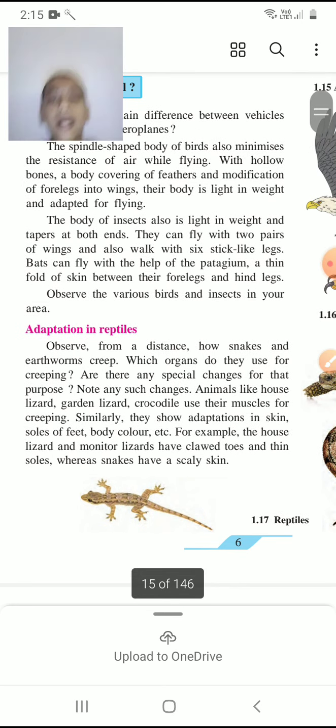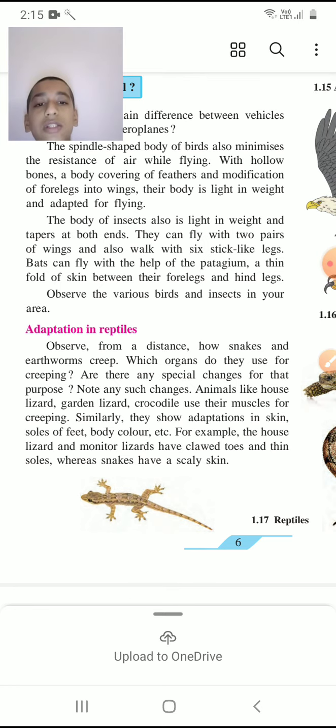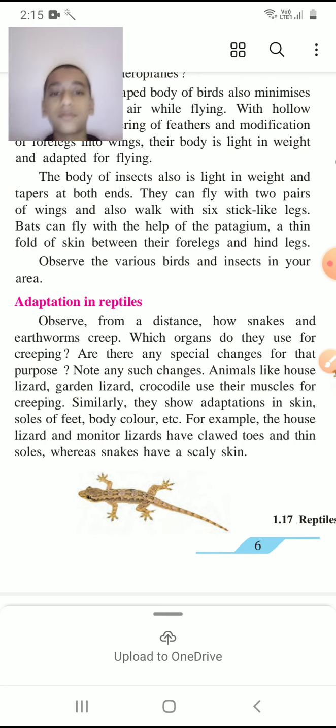Adaptation in reptiles. Observe from a distance how snakes and earthworms creep. Which organs do they use for creeping? Are there any special changes for that purpose?